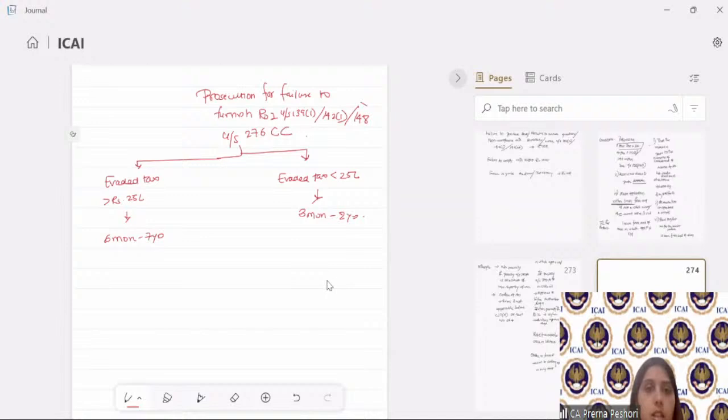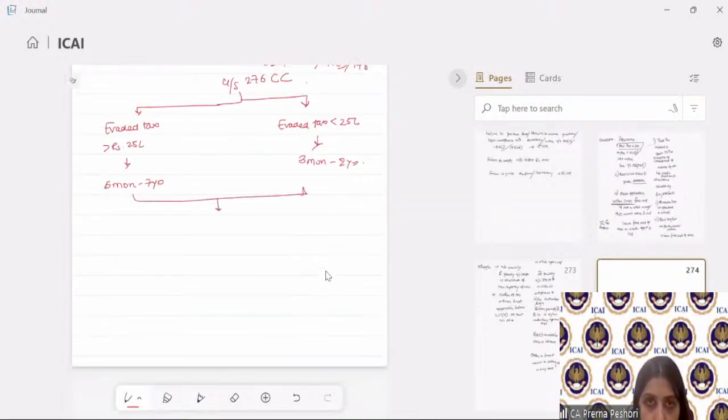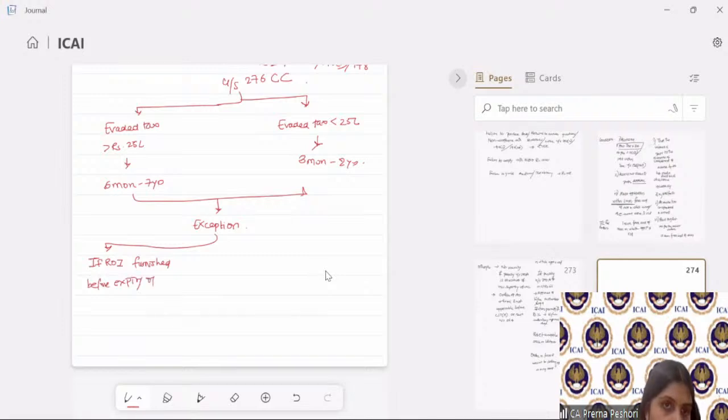The exception is that if the return of income is furnished before the expiry of the assessment year, if the ROI is furnished, say not within the time limit of 139(1), but if it is furnished before the expiry of the assessment year, then no prosecution.